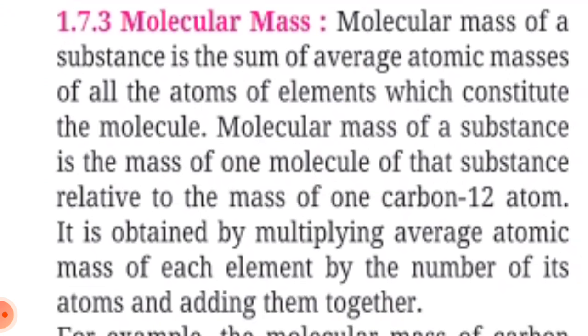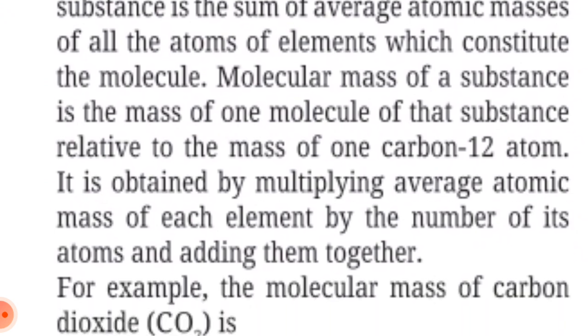Molecular mass. The molecular mass of a substance is the sum of the average atomic masses of all the atoms of elements which constitute the molecule. The molecular mass of a substance is the mass of one molecule of the substance relative to the mass of one carbon-12 atom.